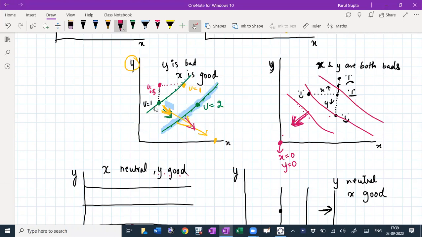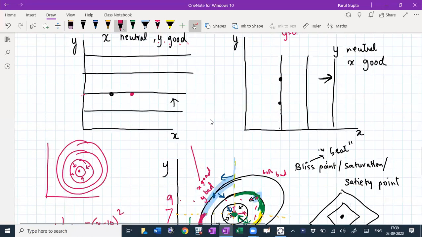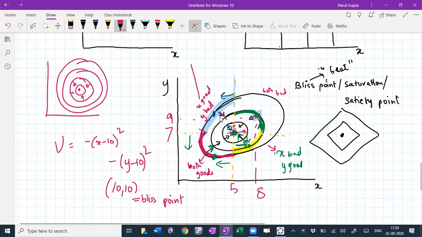So don't go by the fact that this looks like a line. Any kind of upward sloping shape is also fine. Even this is fine as long as it is upward sloping. That's why I said that the arrow will tell you which commodity is a good or a bad. So here it's upward sloping just in this segment till these boundaries, and you want to move in this direction to get to the bliss point, which means it is resembling the previous case that we discussed.